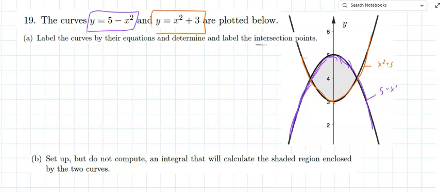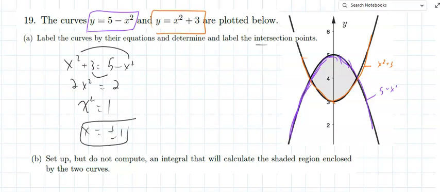Where do they intersect? Where does x squared plus 3 equal 5 minus x squared? That's when 2x squared equals 2, x squared equals 1, x equals plus or minus 1. So this happens from -1, and this happens from 1.